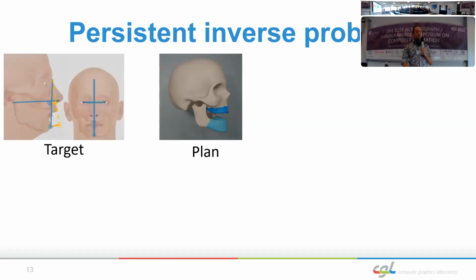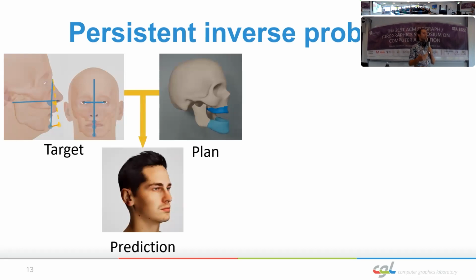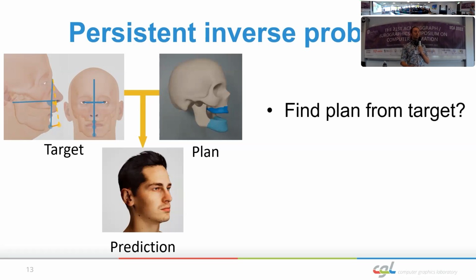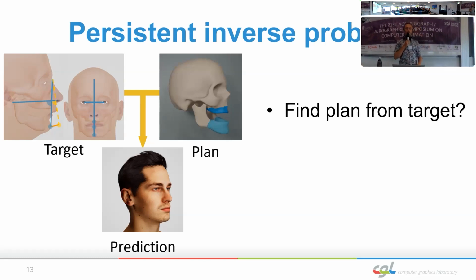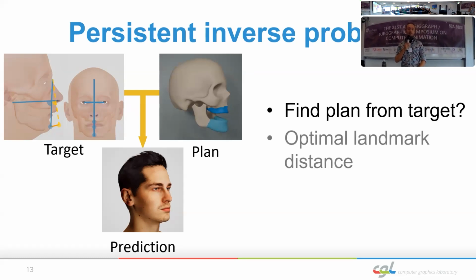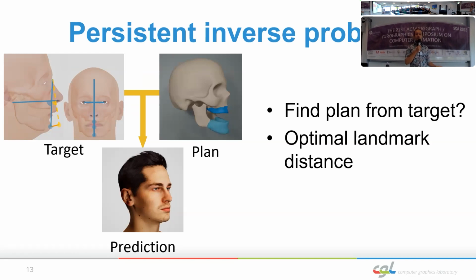Unfortunately, this still leaves us with an inverse problem, because even though now we have a prediction from a given treatment plan, what we would like to do is to be able to calculate the plan automatically from the treatment target. And just by setting an arbitrary input plan, there are no guarantees that the landmarks have been reached optimally.